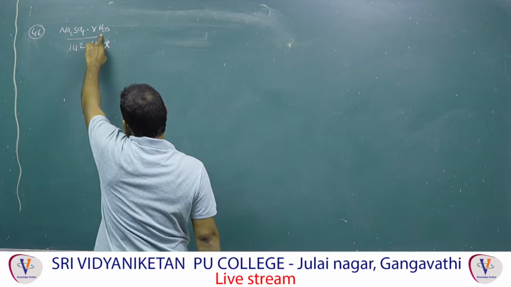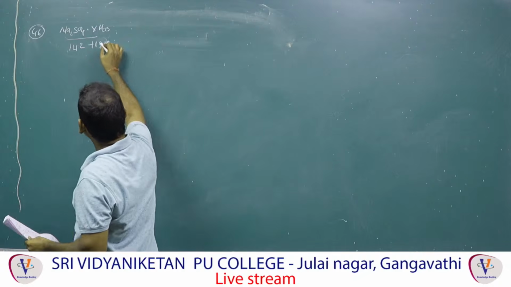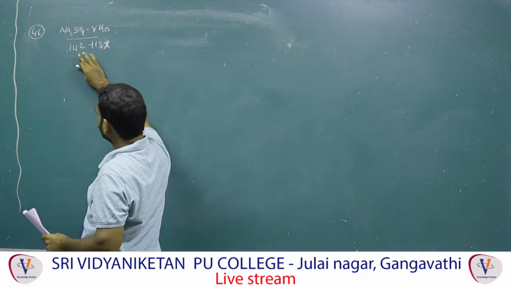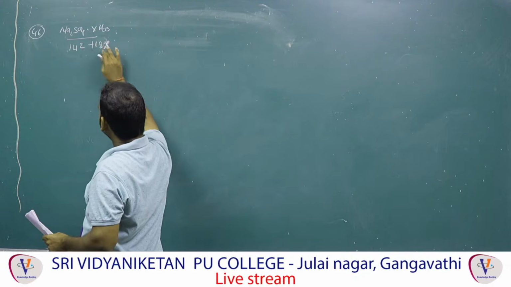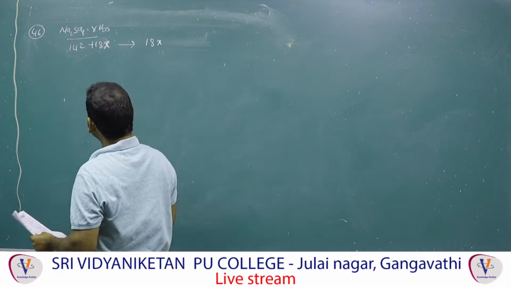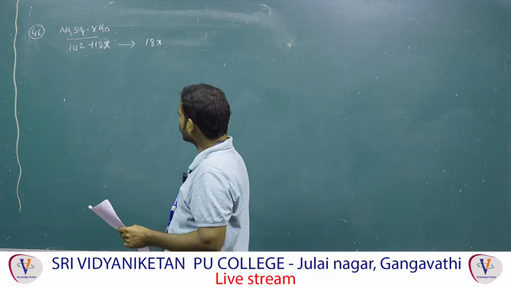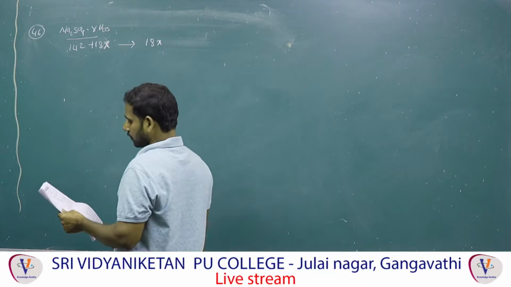On heating, water will be lost. So the total molecular mass of this compound is 142 plus 18x. How much will be lost? 18x grams of water will be lost.